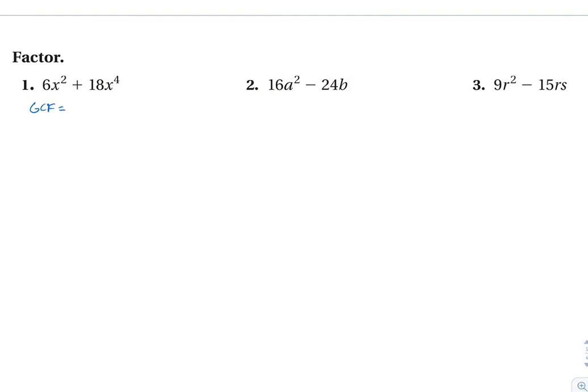So the GCF of these, well, 2 goes into both, 3 goes into both, but 6 is the biggest number that goes into both. And then they both have at least one x, and actually they both have 2 x's. They don't have more than that. So I divide out my 6x squared, and a common mistake here is saying, oh, well, I divided out the 6x squared, so that's gone, and we just get a positive 3x squared.